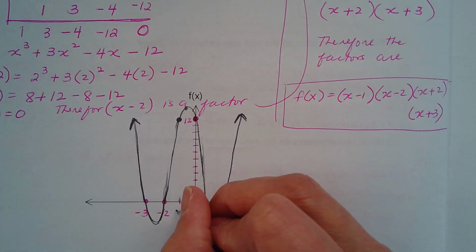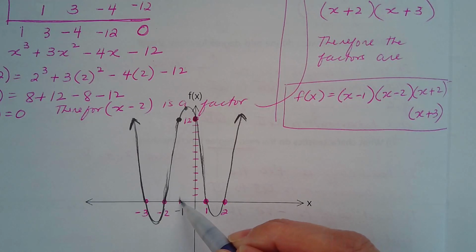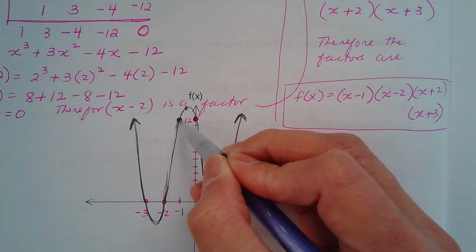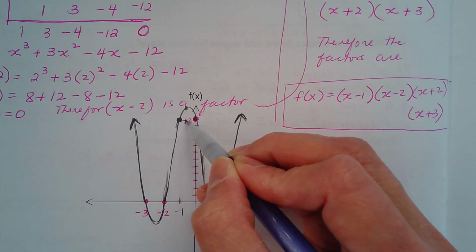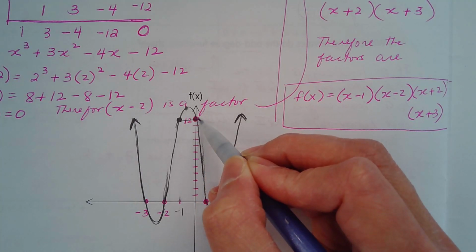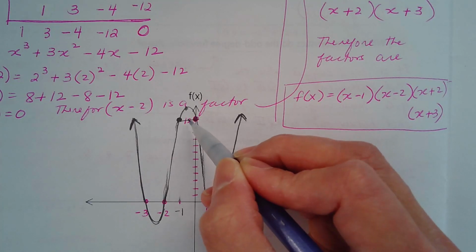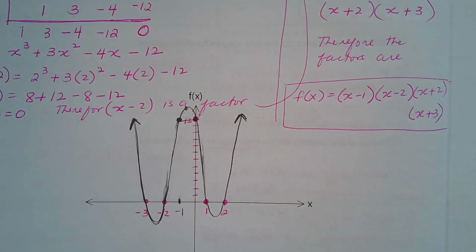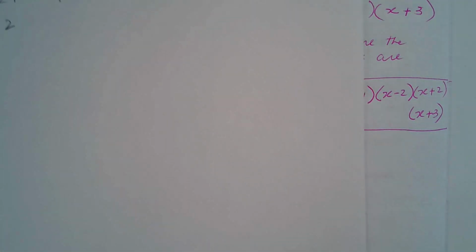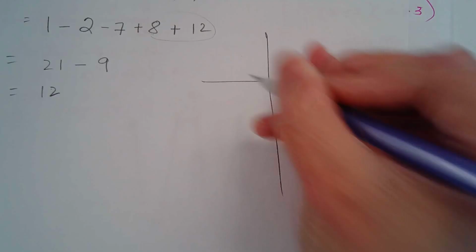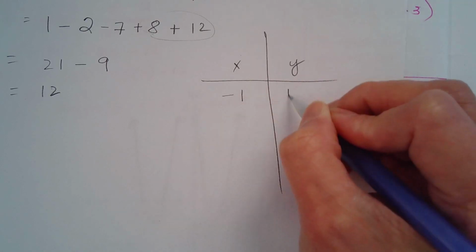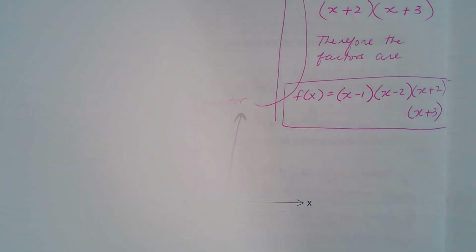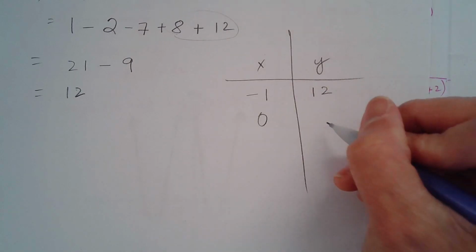At -1, y is 12. So if this is 12, it can't just go straight. If we were to make a table of values, remember how to make a table of values? So x, y, right? If x is -1, y is 12. And then if x is 0, it's 12.